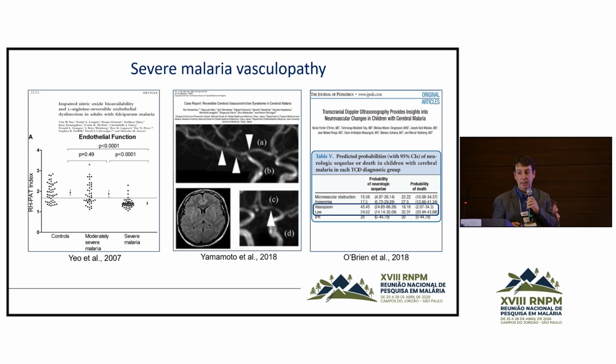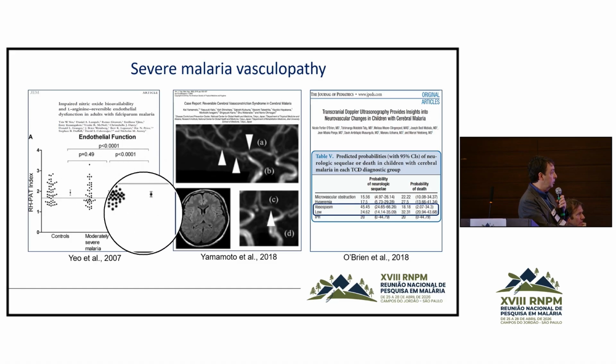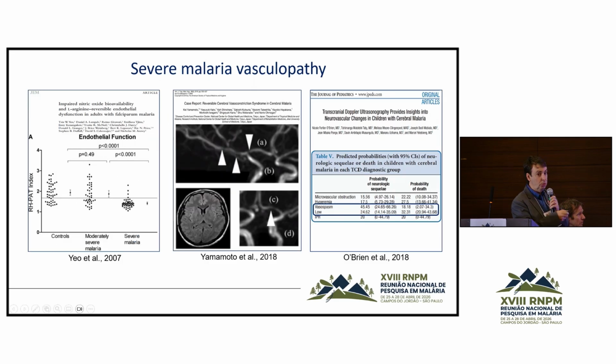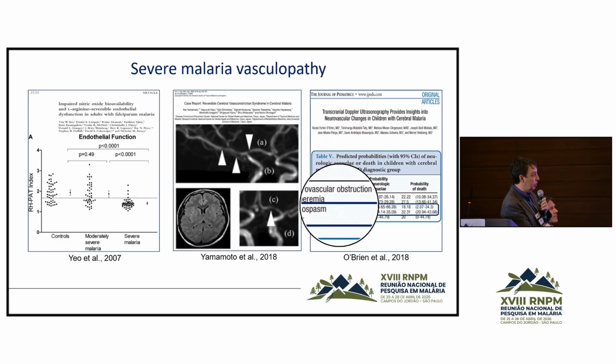One of the characteristics of this vasculopathy in severe cerebral malaria is that you have a problem of endothelial dysfunction. There is a very harmed endothelial response, even in moderate malaria. There is a process of vasoconstriction. So with the blockage of vessels, the process of vasoconstriction leads to a decrease in the blood flow to the brain, a process of ischemia.